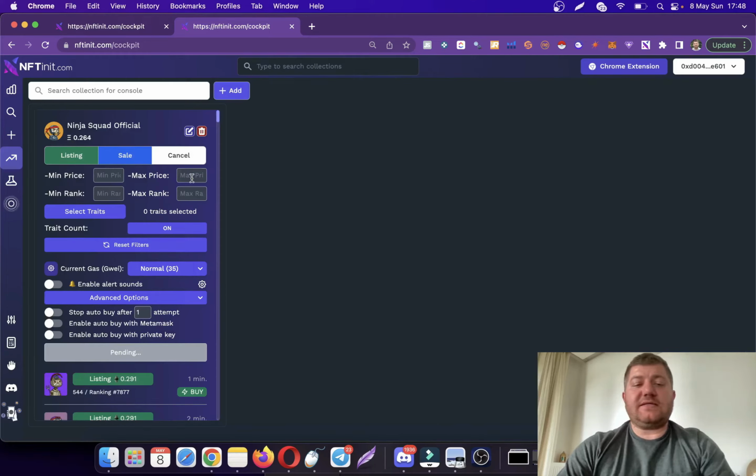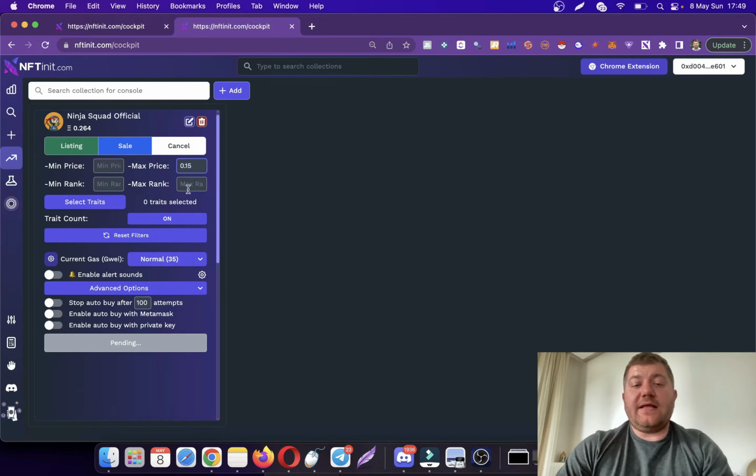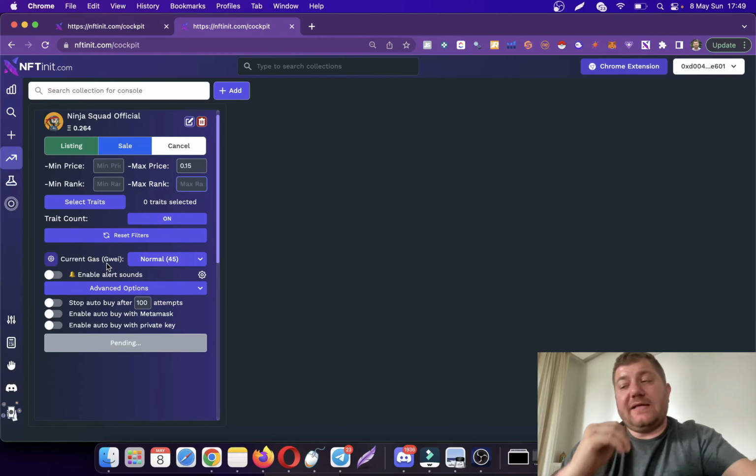For this collection, I want to buy as many, let's say even 100 NFTs, if the maximum price is below 0.15 and the max rank is, you know what, I don't even care about the max rank. So if someone just lists something below 0.15, I want the system to buy as many as it can buy.